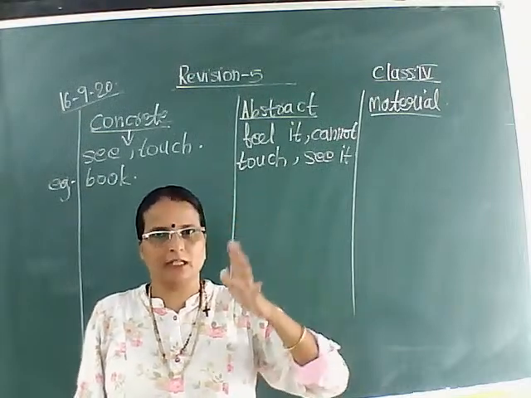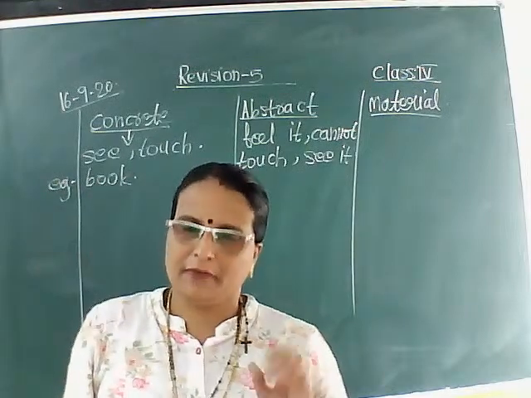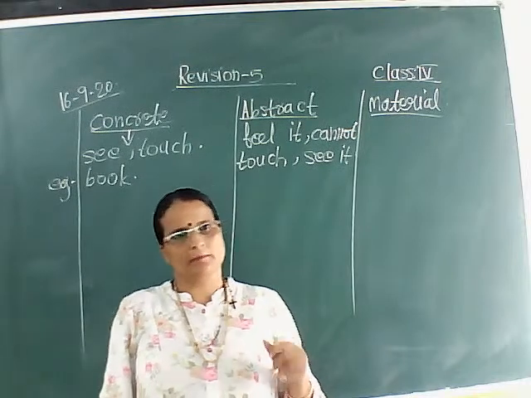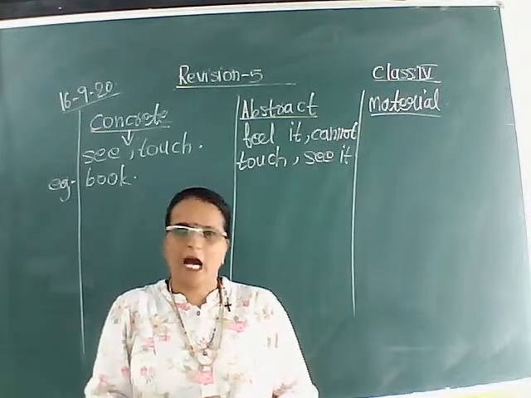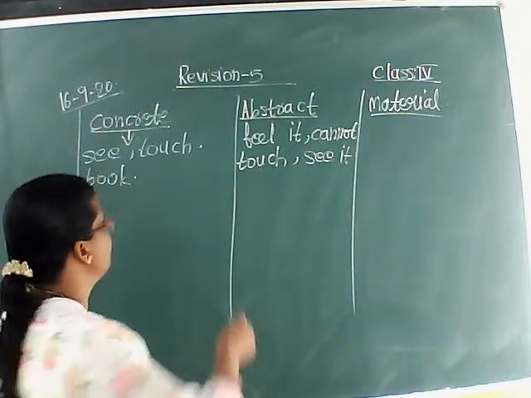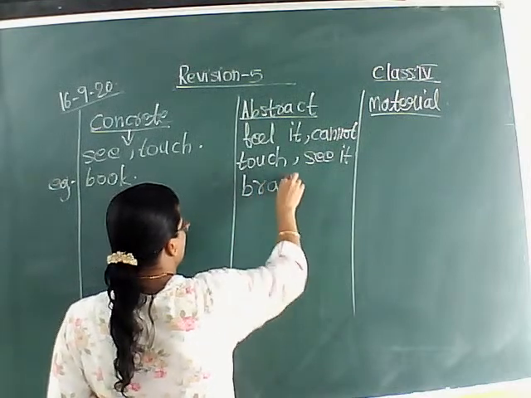We can feel it, or we can think about it with our brain. We can feel it in our mind and we can think about it with our brain. That is what is called an abstract noun. For example, bravery. Example is bravery.